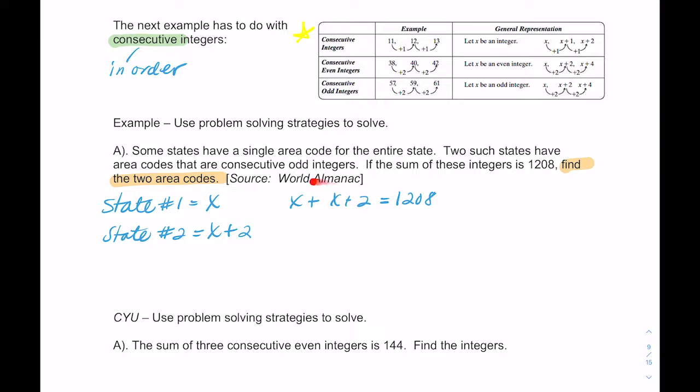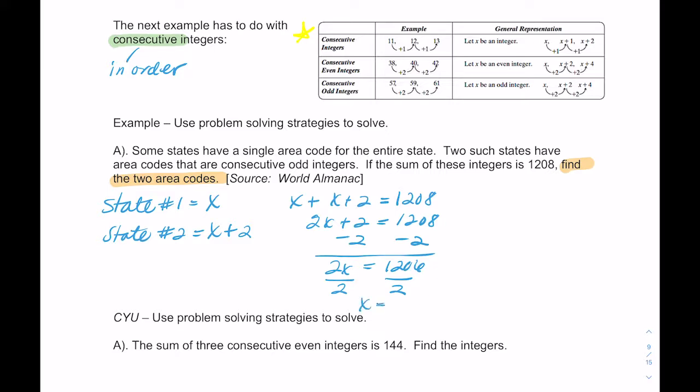So to solve, I have x plus x, which is 2x plus 2 equals 1208. And to solve, I'm going to subtract 2. 1208 minus 2 is 1206. And then I'm going to divide by 2.